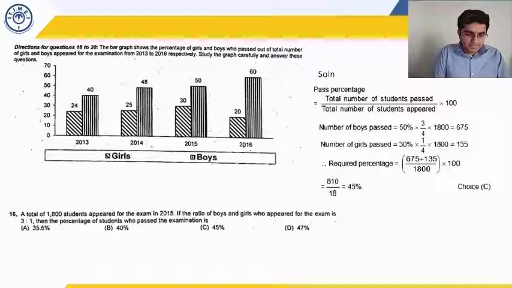Implies pass percentage equal to (150 + 30) divided by 400 times 100, equal to 45%.